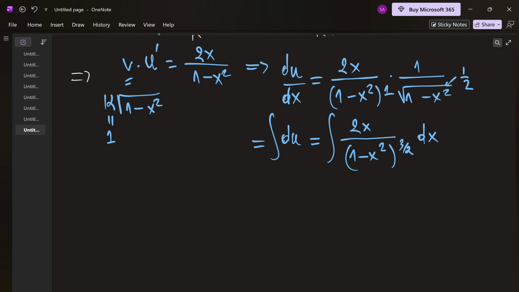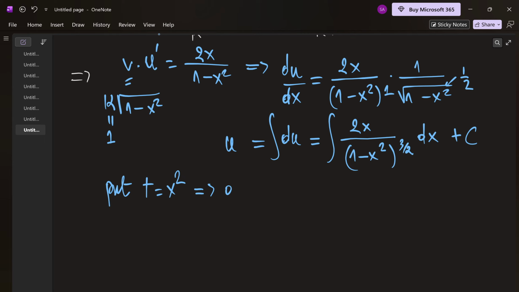Remember that the integral of du is actually the function u. And you have to add a constant when you take the integral. And remember that you could do a change of variable. Put t is equal simply to x squared.